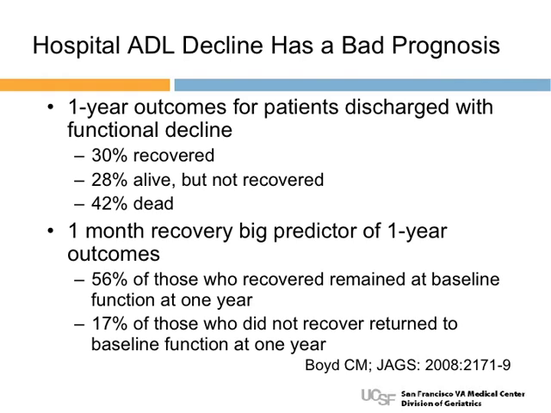It was actually interesting. Those of us working on this project had a little bit of a debate about how we were going to spin these results. One group of us said, this means we have to be really aggressive about rehabilitation at 1 month after discharge. Another group said, this means we have to be really aggressive about palliation, that we have a group that's going to be doing really badly and we have to prepare them for this disability.